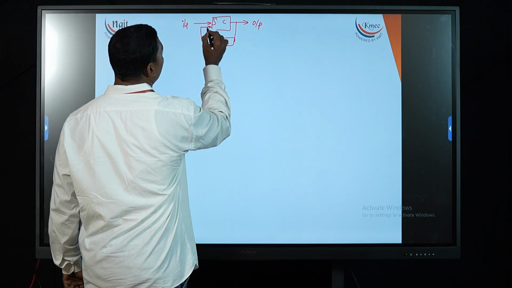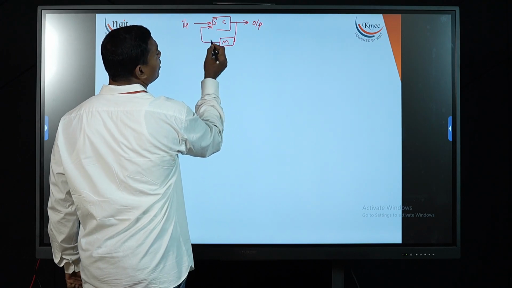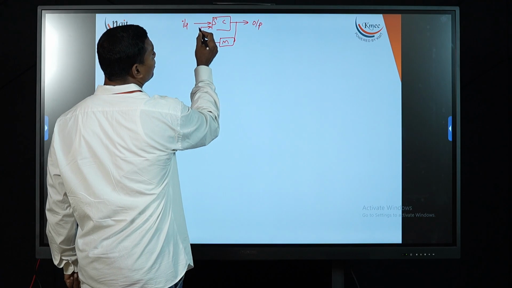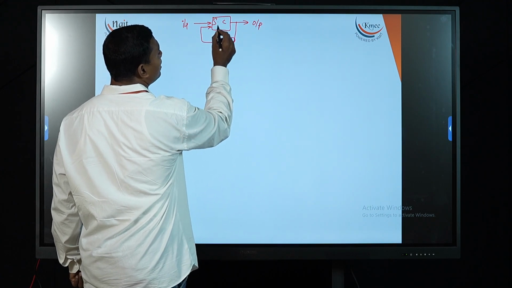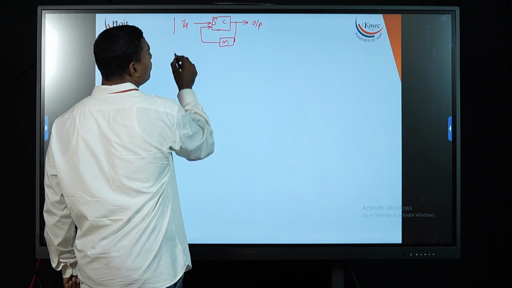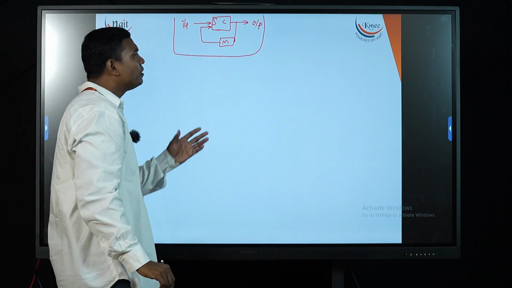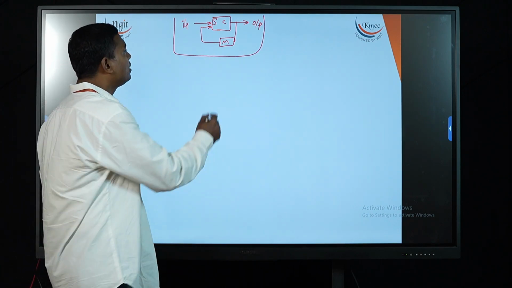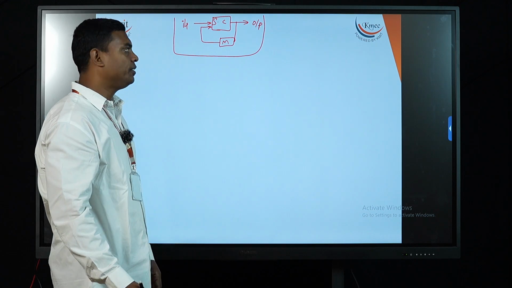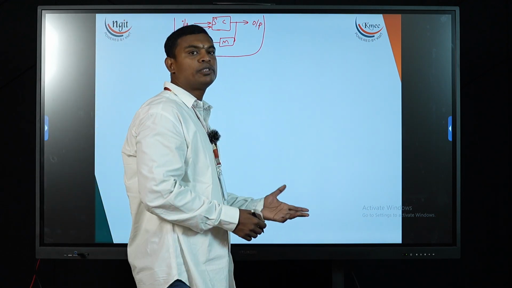Through that memory element, I again provide the stored value along with my input to the sequential circuit. The circuit framed with this kind of combination, we call a sequential circuit. What are the examples of sequential circuits?